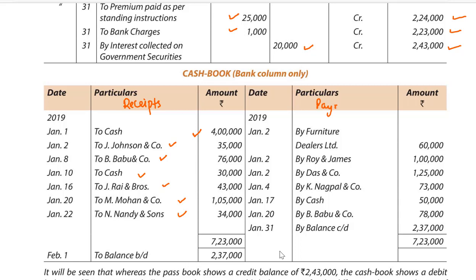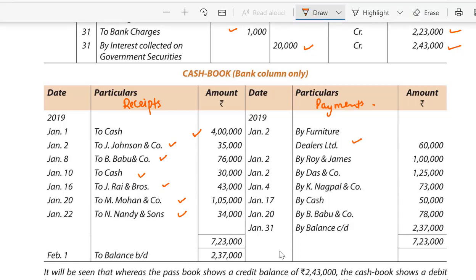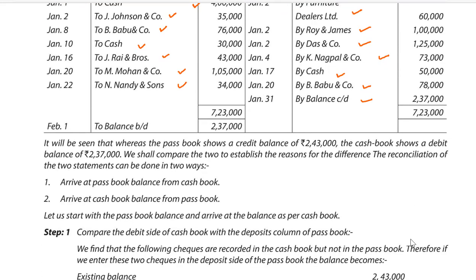And over here we have payments. Payments made to furniture dealer, Roy and James, Das and Company, K. Nagpal and Company, cash, B. Babu and Company, and the closing balance over here, that is balance carried down in the bank column of the cash book. The total is 7,23,000 on both the sides.